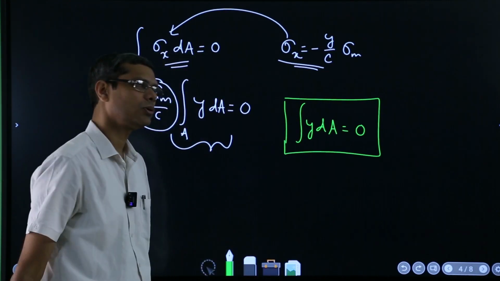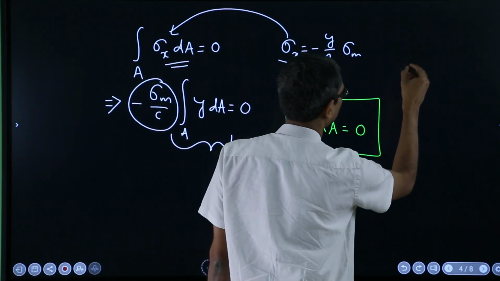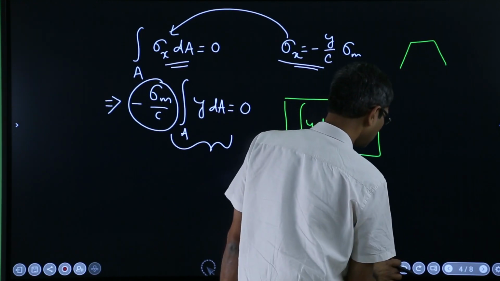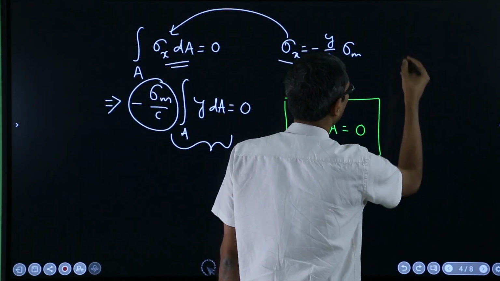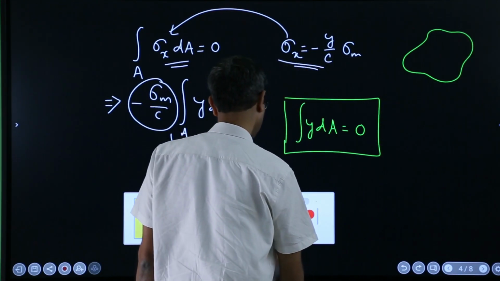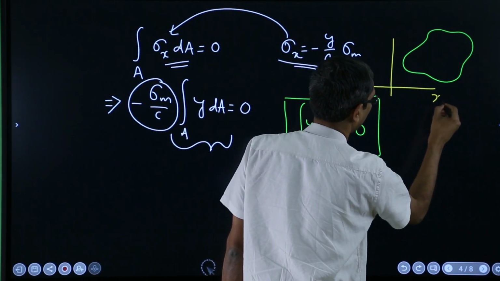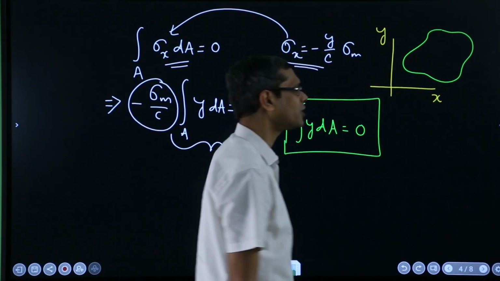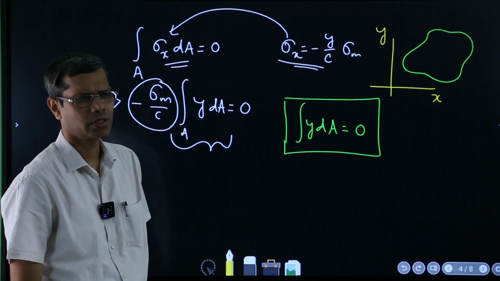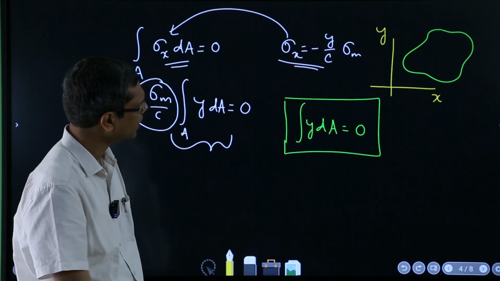Now think about the definition of centroid. Suppose you have a given cross section like this, just arbitrary. I have some area like this, and I have some coordinates, say x and y. And how do I find out the y coordinate of my center of gravity, or if gravity is constant, the center of gravity and center of area will be same.